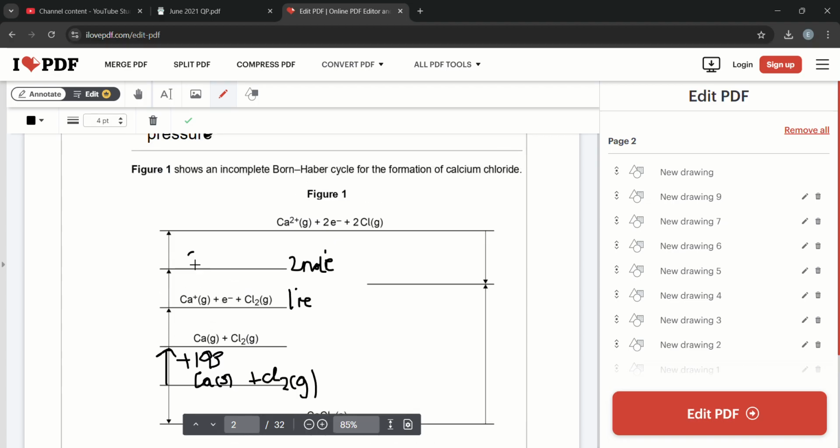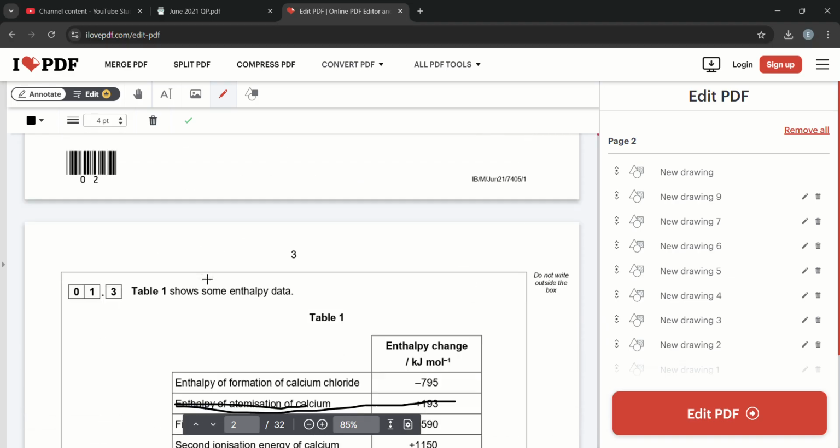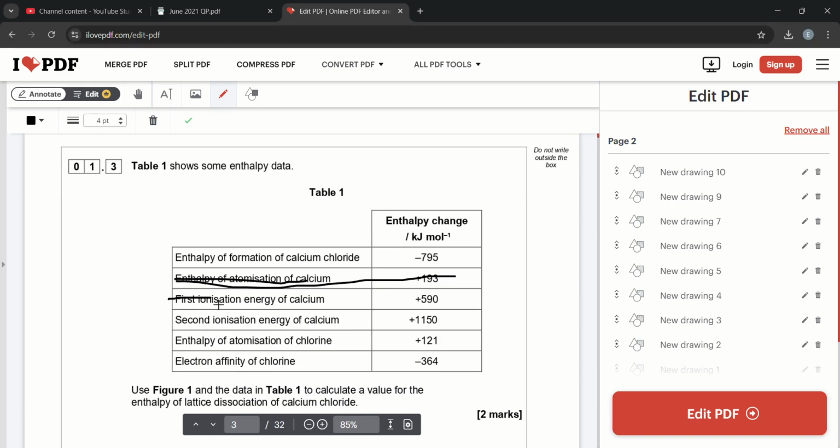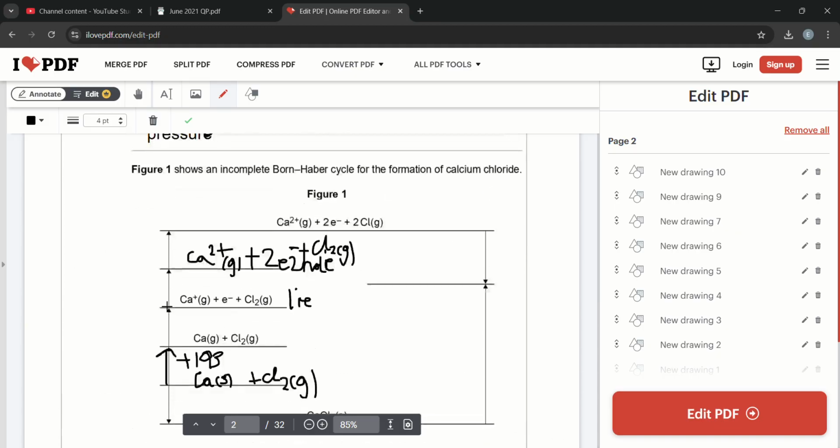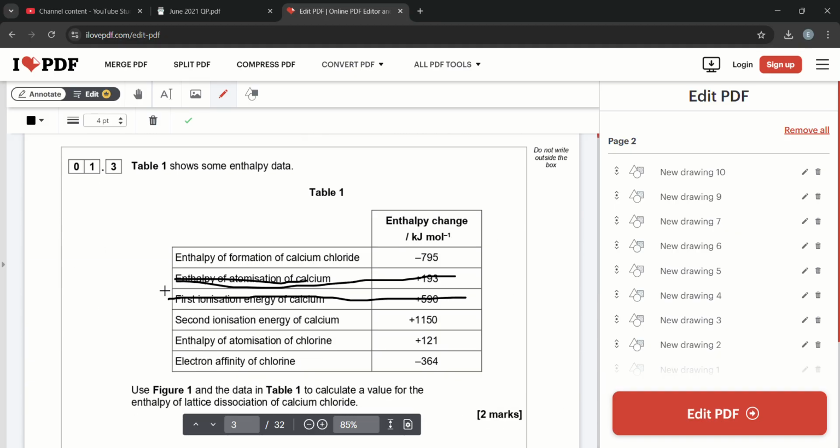So it's going to be Ca2+ in gas plus 2e- plus Cl2 in gas. The Cl2 remains the same. Only thing that's changing is what we're trying to find. We're trying to find the first ionization energy of calcium. So of calcium, we're just going to increase the second ionization energy of calcium.